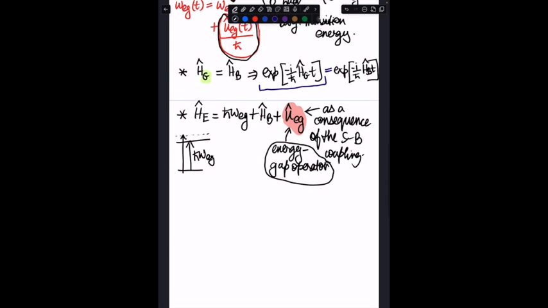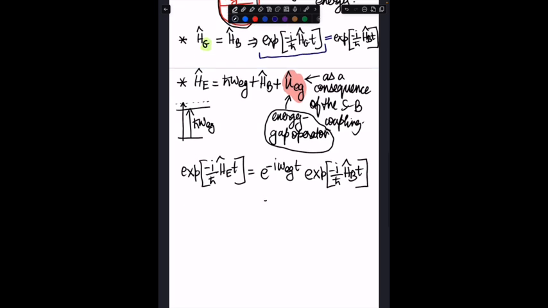So in this case, when you write the time evolution operator of the excited state Hamiltonian, you get e raised to the power minus i omega eg t, e raised to the power, let me just use that, exponential minus i over h bar Hb t, and then you have your last term, which is the positive time ordered exponential minus i over h bar integral from 0 to t of U hat eg tau d tau.